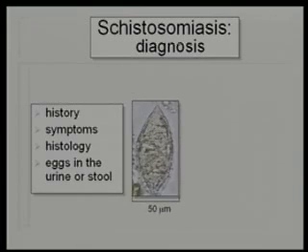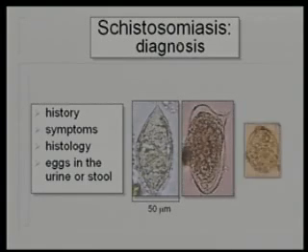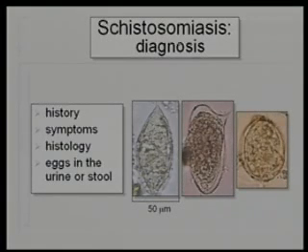They have their characteristic eggs, and I'll put all three of them so that you can compare. The Schistosoma hematobium egg is oval, and it has a spine here at the tip. Schistosoma mansoni has a similar oval structure, but has a spine here at the side.